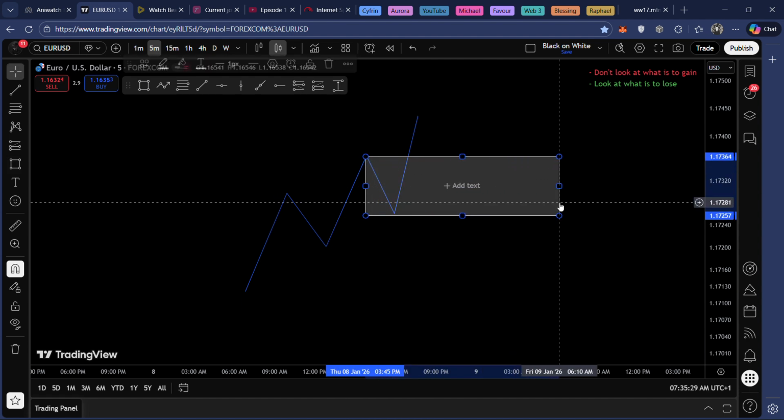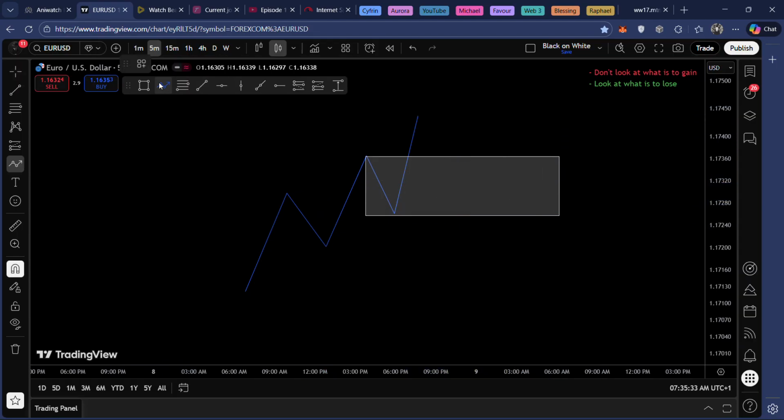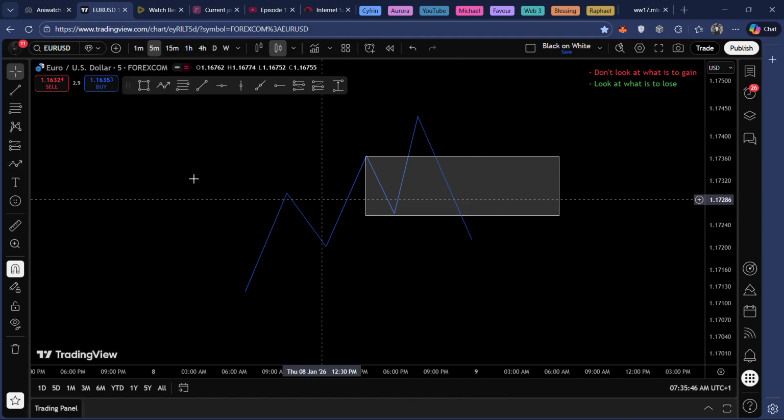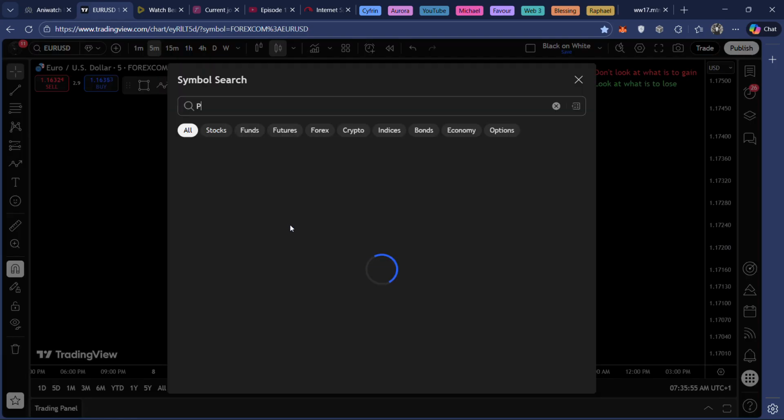Whenever this order block fails, let's say price comes down like this and crosses this low. It's not supposed to cross this low. It enters this order block and crosses this low. Then it has failed, and this order block has turned into a breaker block.